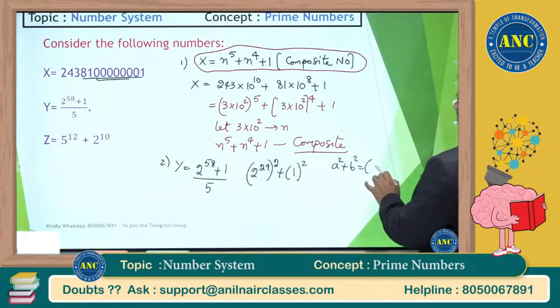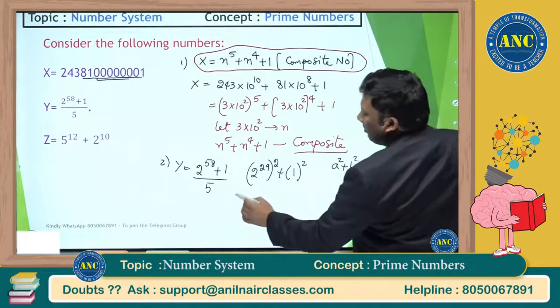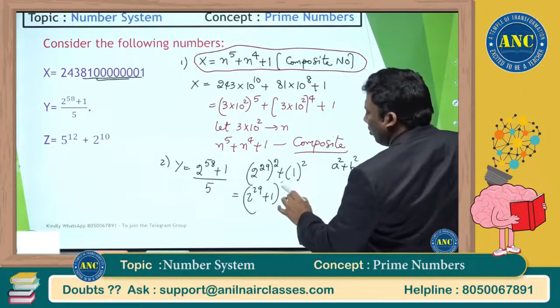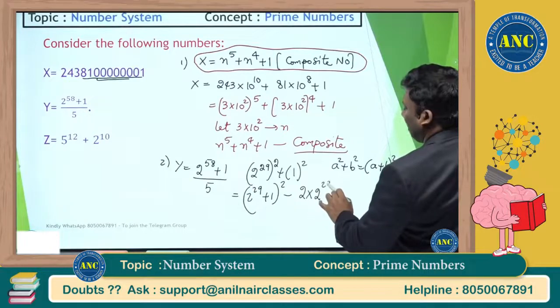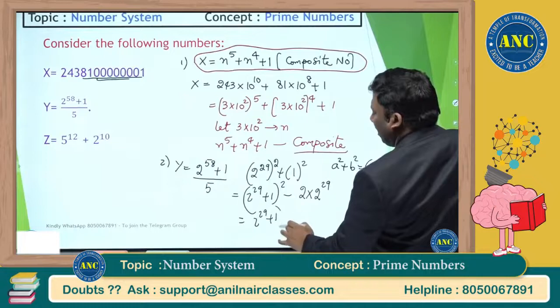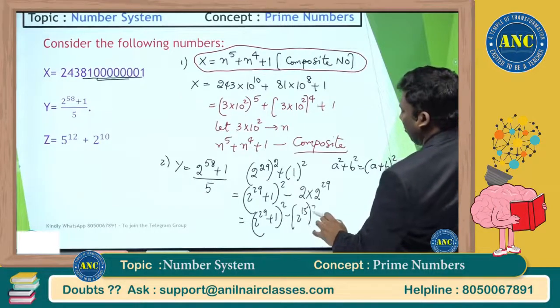A square plus b square is given by a plus b whole square minus 2ab. So this can be written as 2 power 29 plus 1 whole square minus 2 into 2 power 29. This is 2 power 29 plus 1 whole square minus 2 power 15 whole square.